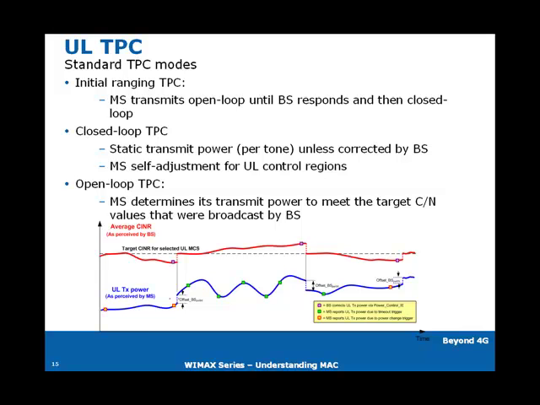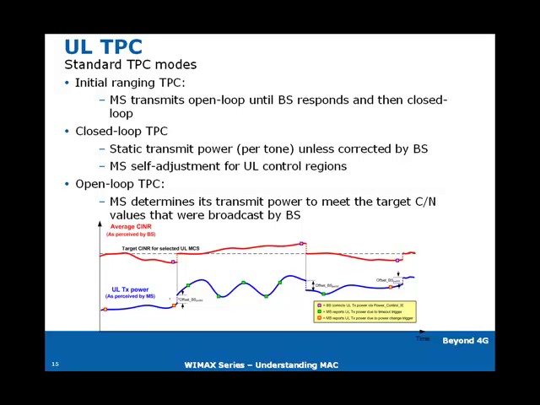In open loop power control mechanisms, mobile station determines its transmit power to meet the target C2I or target modulation, and that were broadcasted by the base station. So base station periodically broadcasts C2I condition, and based on those C2I which is seen by the mobile station, it adjusts its power to achieve the modulation and coding required to support the data rate.